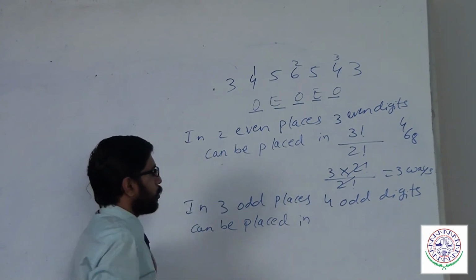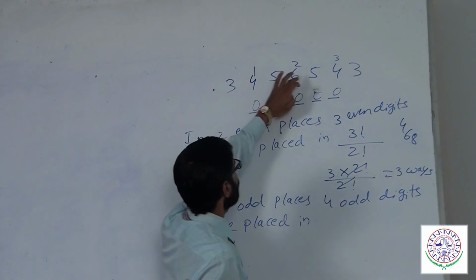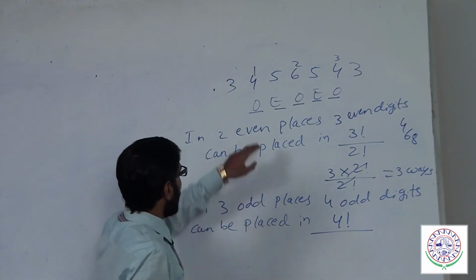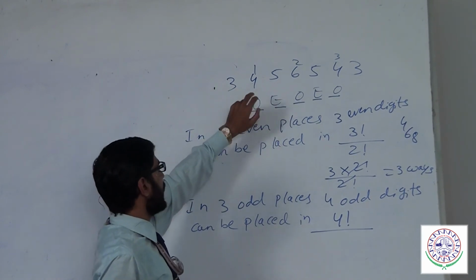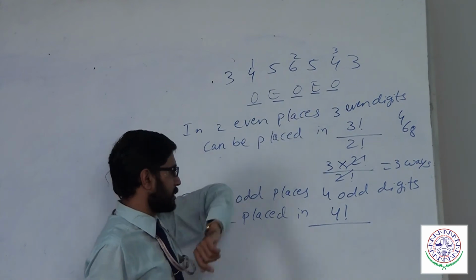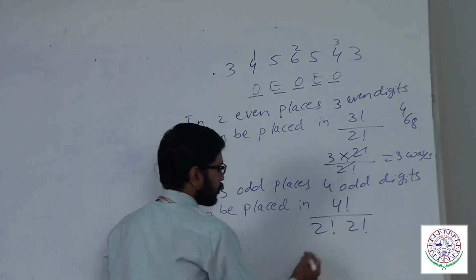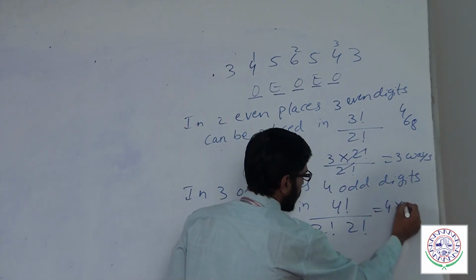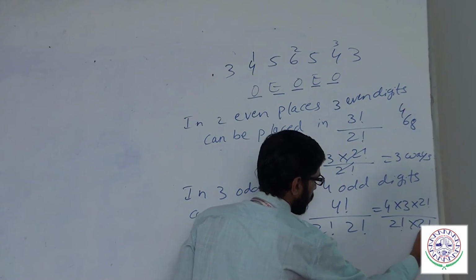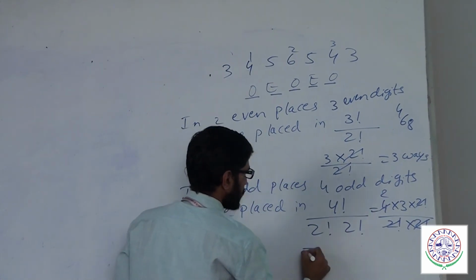Now again in these digits, 3 is repeated twice and 5 is also repeated twice. So this will be 4 factorial divided by 2 factorial into 2 factorial. So if you solve this, 4 into 3 into 2 factorial divided by 2 factorial into 2 factorial. So this gets cancelled, 3 into 2 is 6 ways.